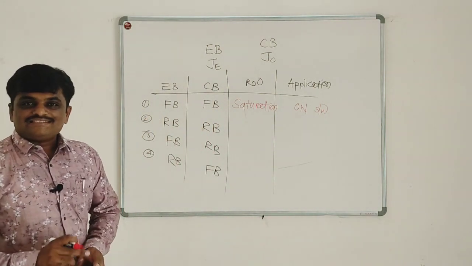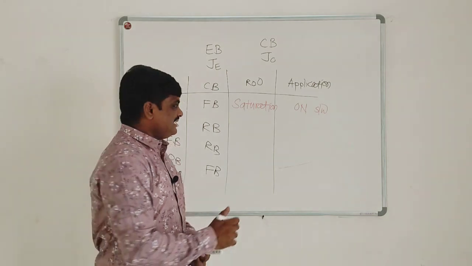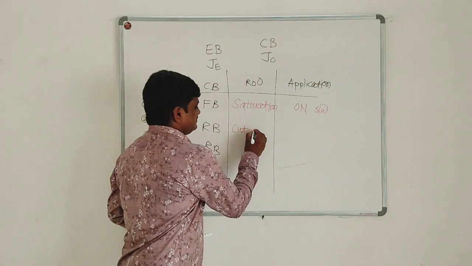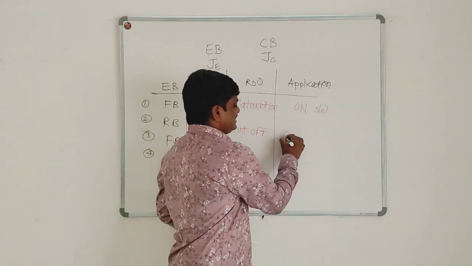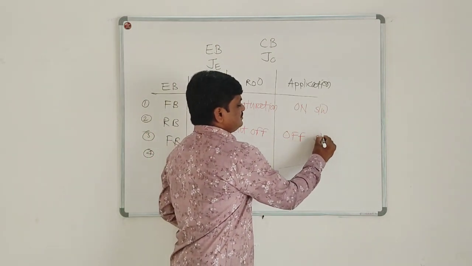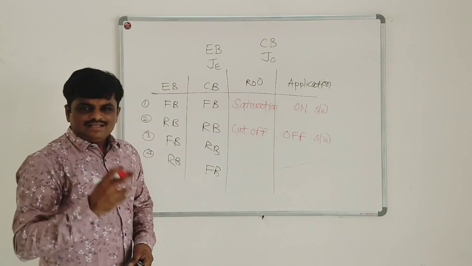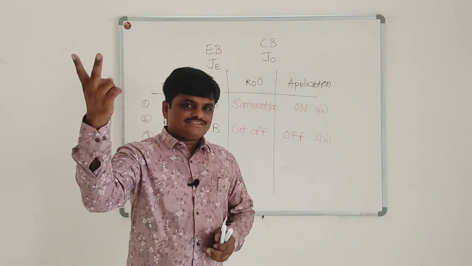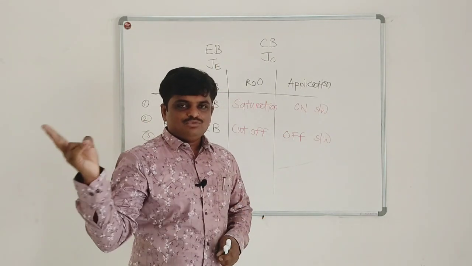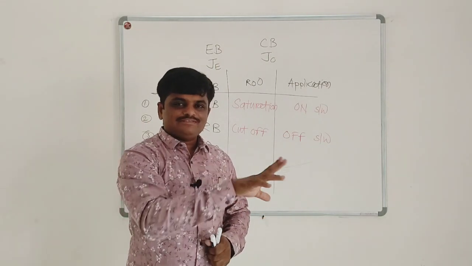If both the junctions are reverse bias, then transistor operates in cutoff region, and in cutoff region, the transistor acts as an off switch, that is open switch. So these two combinations are very easy to remember. Both forward bias means saturation, on switch. Both reverse bias, cutoff region means off switch.